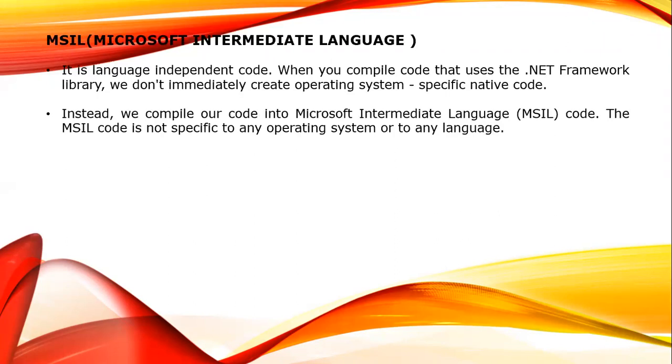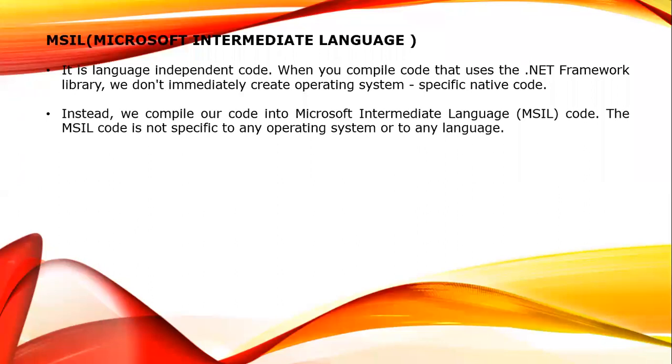MSIL, as we have already said, is Microsoft Intermediate Language. It is language independent code. When you compile code that uses a .NET library, we don't immediately create operating system specific native code.